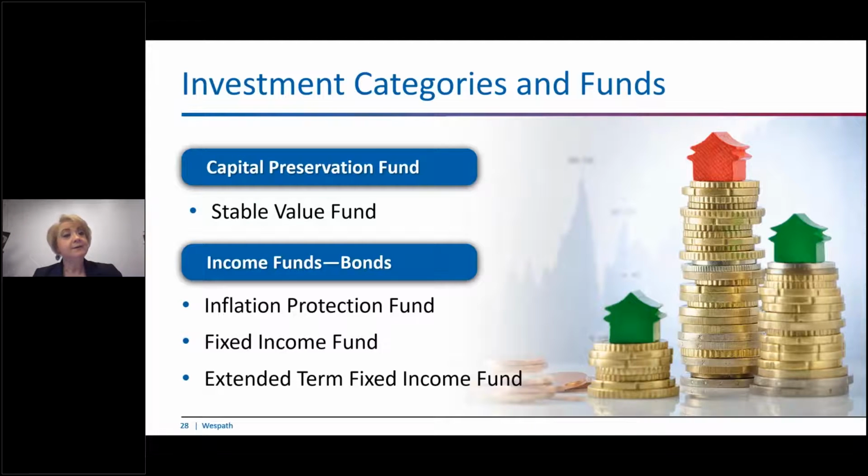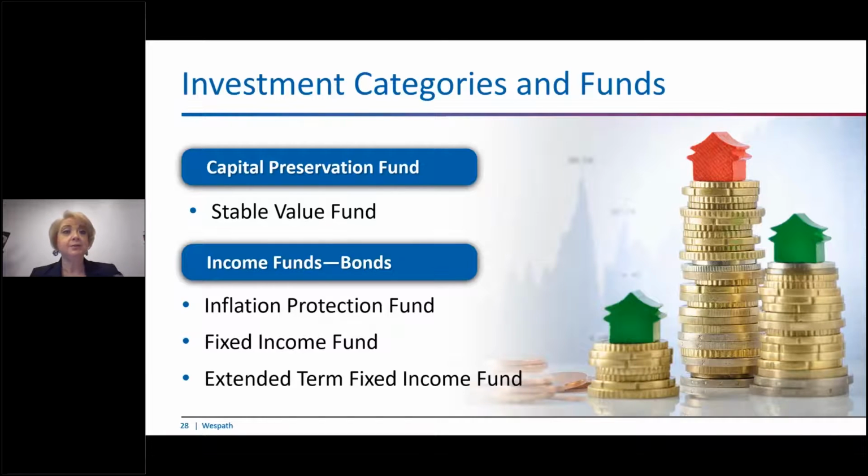As far as the Capital Preservation Fund, let's think of that like a bank account or maybe a certificate of deposit. The goal for this particular plan is safety. We want to make sure that things are running fairly stable, hence the name Stable Value Fund. So the first goal is safety, and the second goal is income.